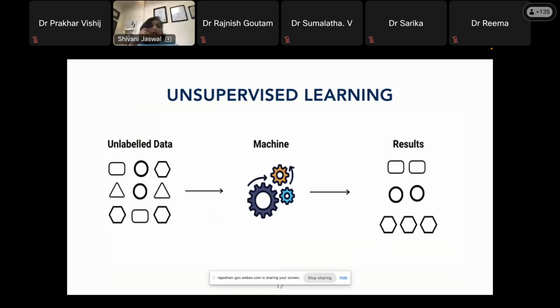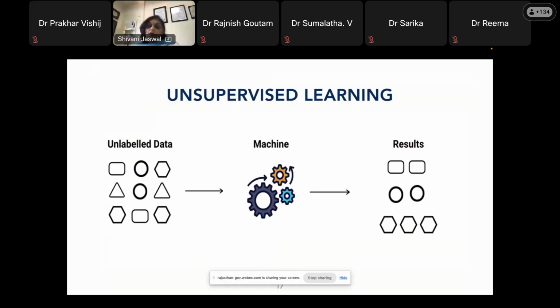In the example here, we've given the machine a lot of shapes, and the machine will look at the patterns in the data, identify the patterns, and draw its own conclusion or own category for how it is going to categorize this data. Here, it has categorized the data based on the shape.